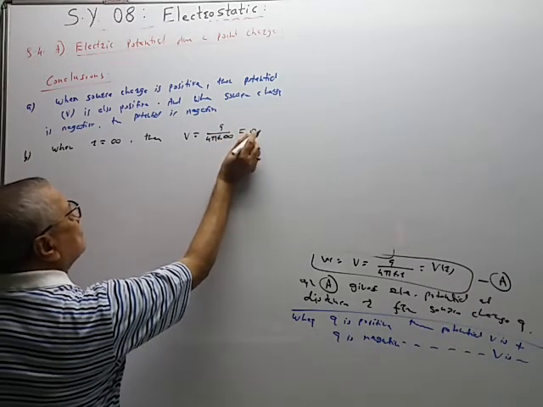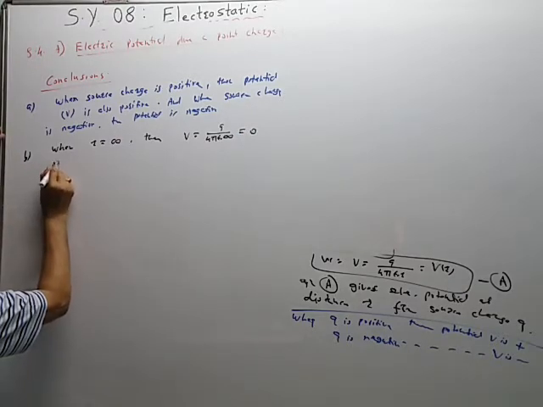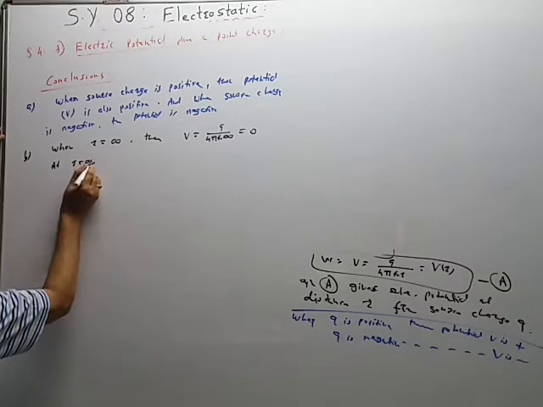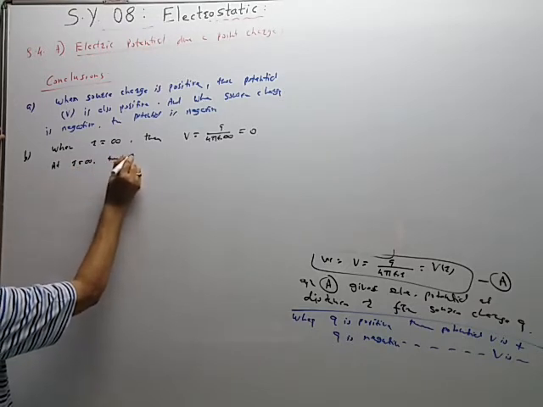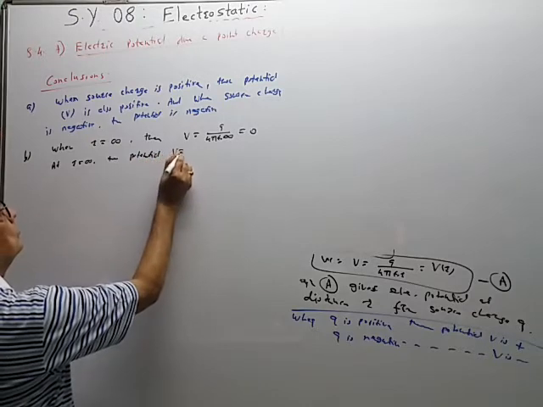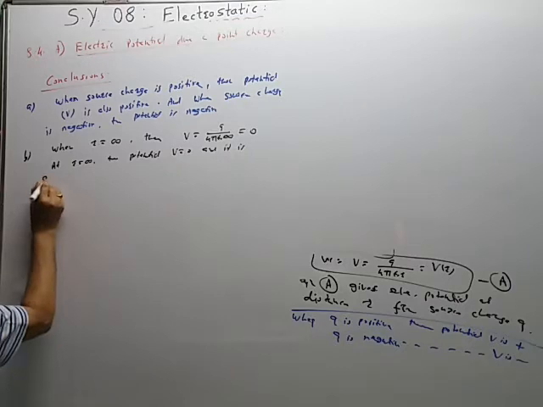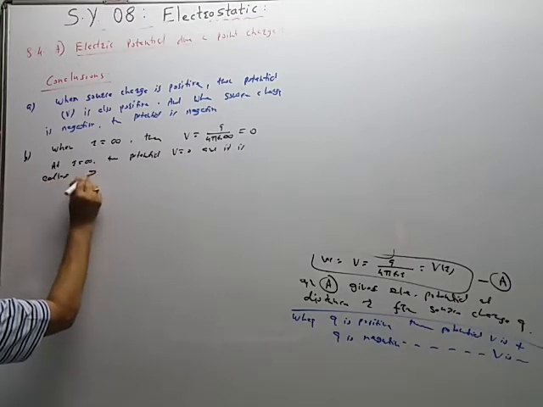It becomes 0. So at r is equal to infinity, the potential is 0, and it is called zero potential point.